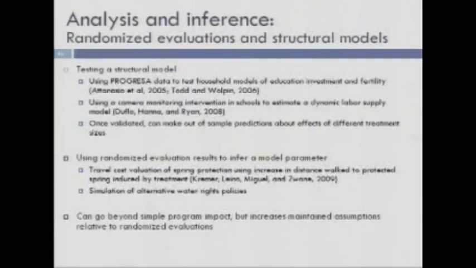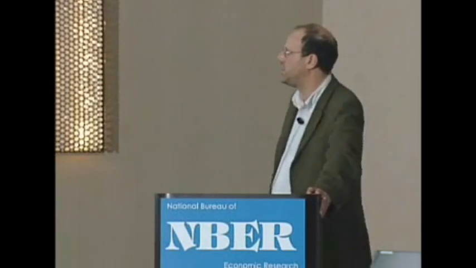You could say, well, if this is how much people value spring protection, in this particular environment you can't charge for water, and therefore you don't invest in improving the water source. Suppose you could charge, what would be the equilibrium of a game in which landowners were competing against each other and had to decide whether to make these investments?